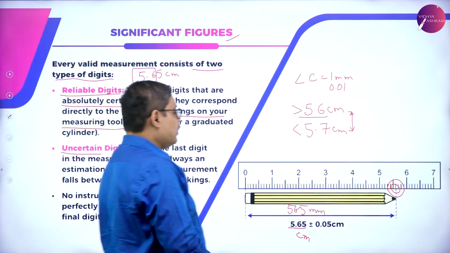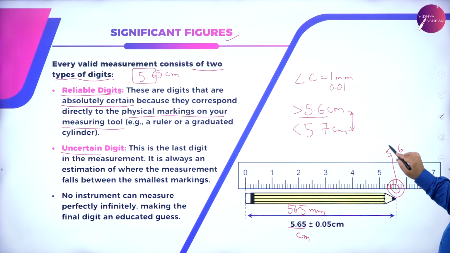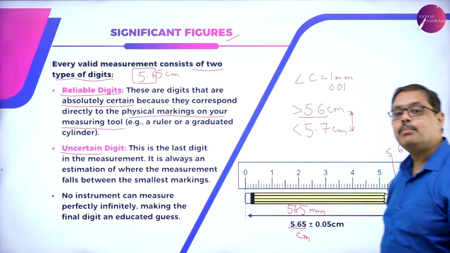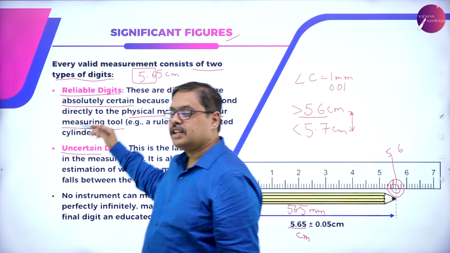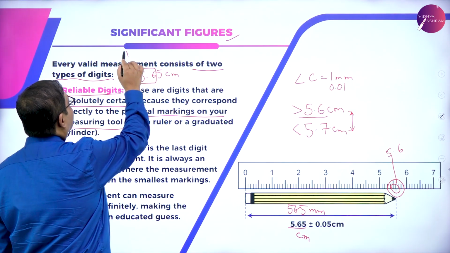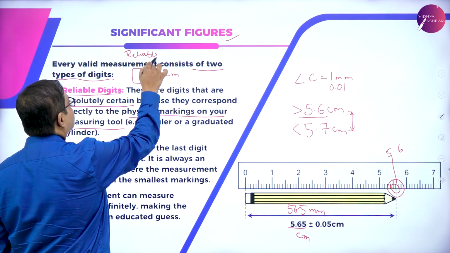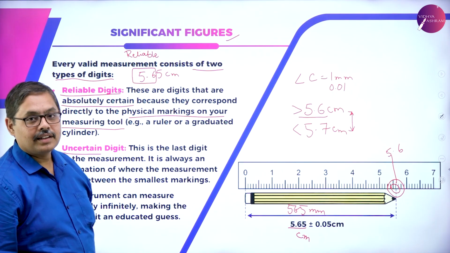I can read the measuring tool here and say that this marking is 5.6. There is no ambiguity in that. That is why I call this reliable. I can rely on this value of the measurement.